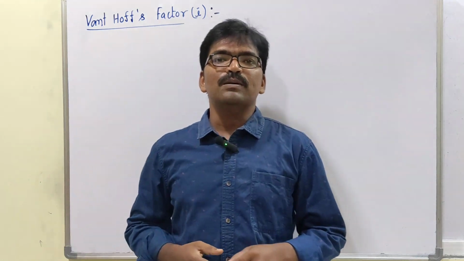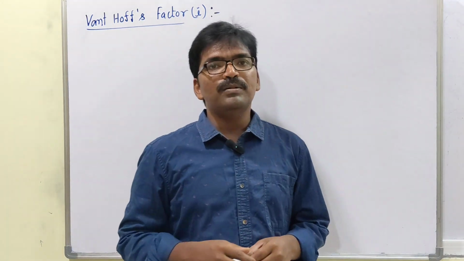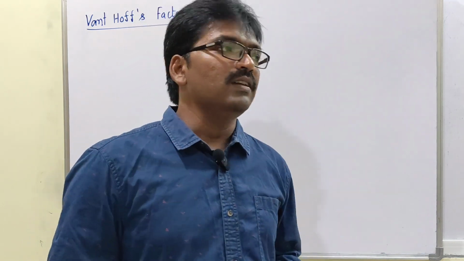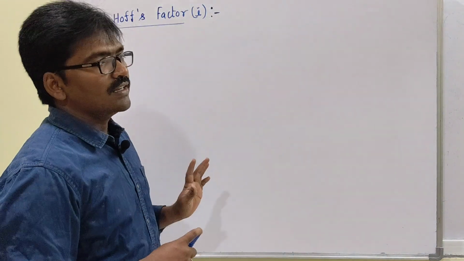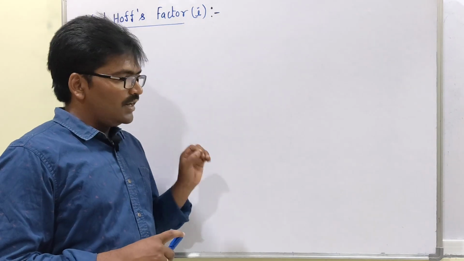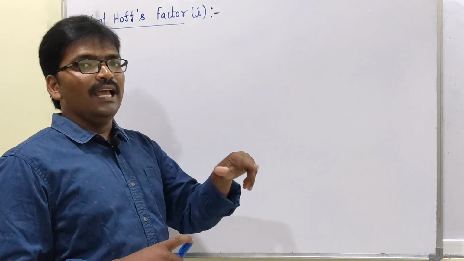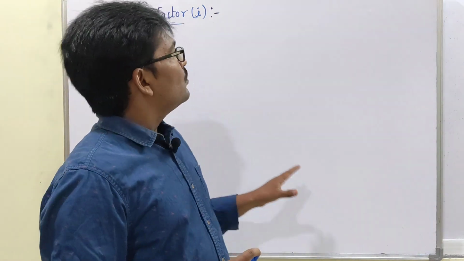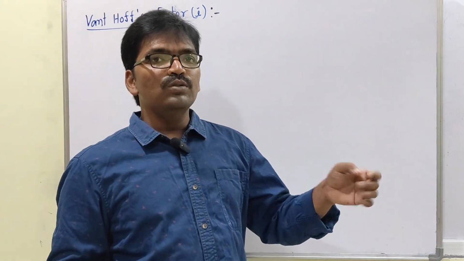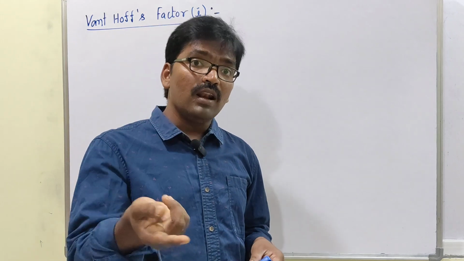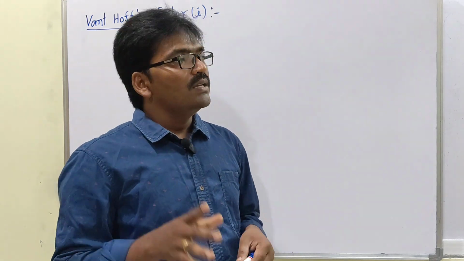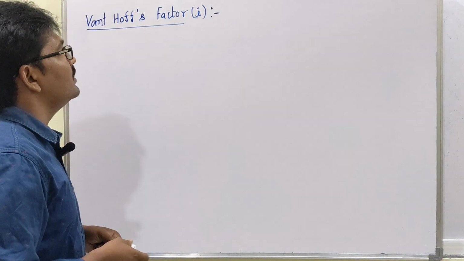Today we are going to discuss, in the Solutions chapter, the topic Van't Hoff factor. Generally, we know how many particles are present in an electrolyte. So we have to introduce the Van't Hoff factor in the colligative properties of electrolytes.